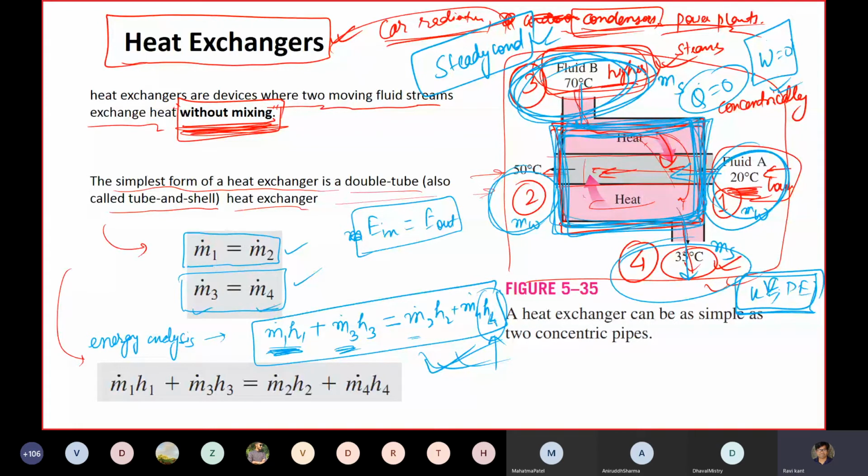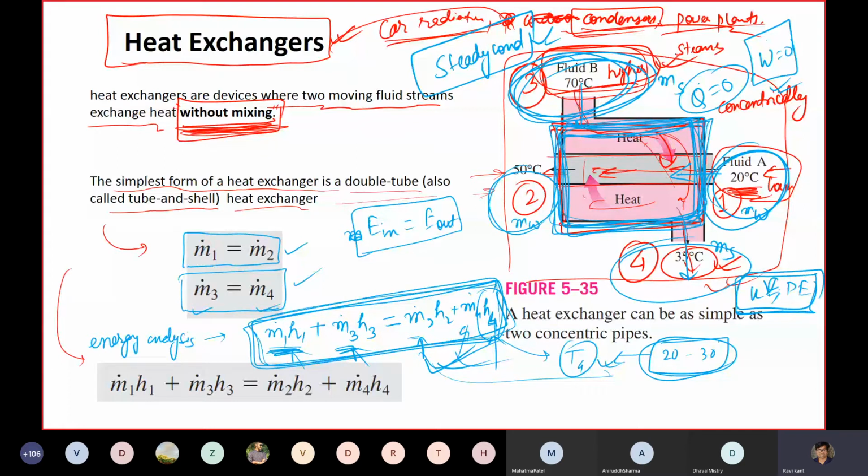Since h4 can be calculated, h4 is associated with some temperature, let's suppose T4, and I want this T4 to be in a certain range, 20 to 30 degrees C. So what mass flow rates should I keep in my heat exchanger so that the temperature coming out for fluid A or B turns out to be in some range? You can actually design now. It's in your hand as an engineer.